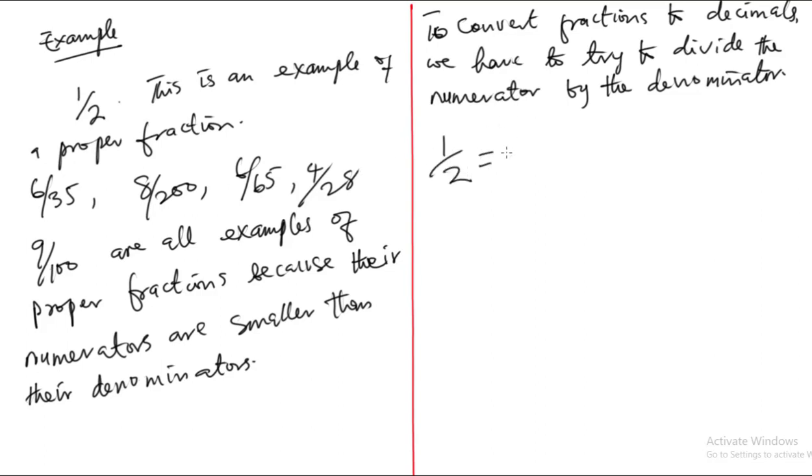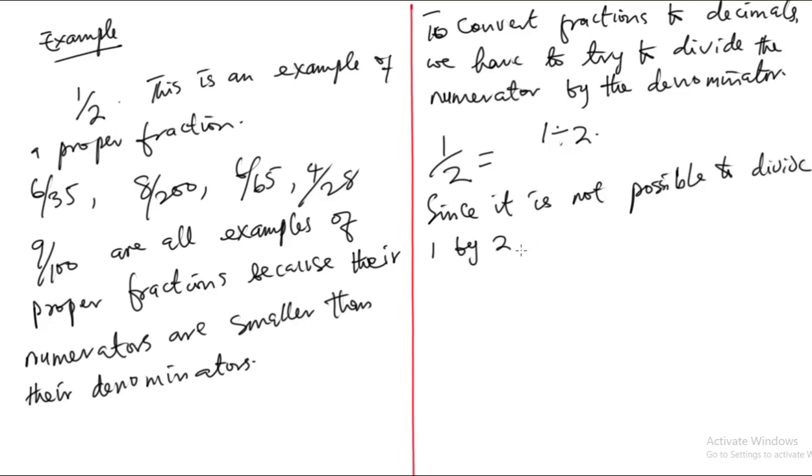In the case of 1 over 2, it is simply 1 divided by 2. Since it's not possible, we write 0 and put a decimal point.